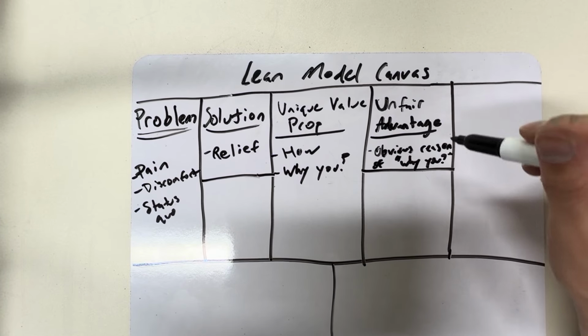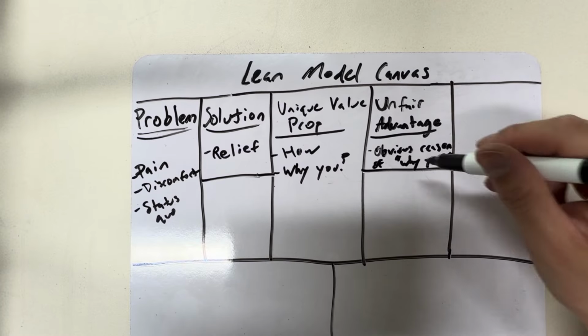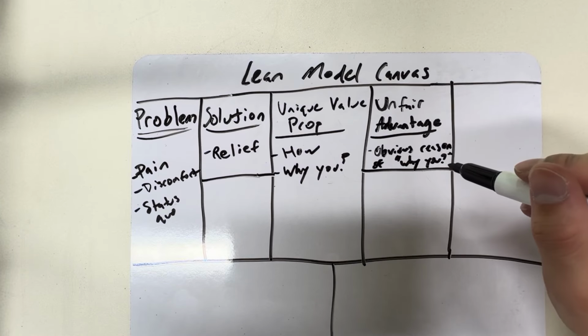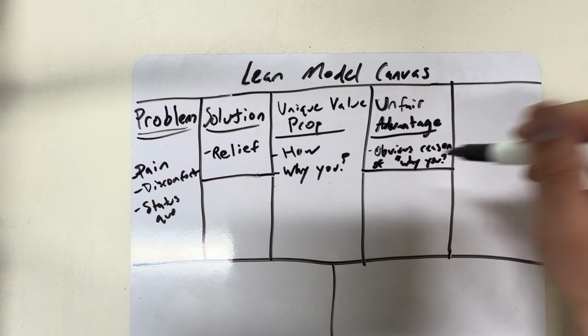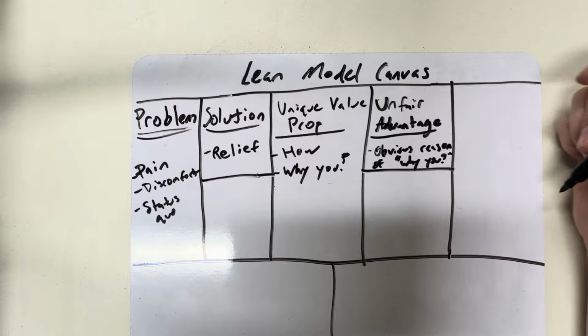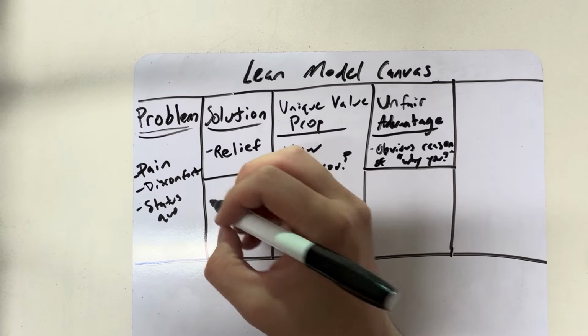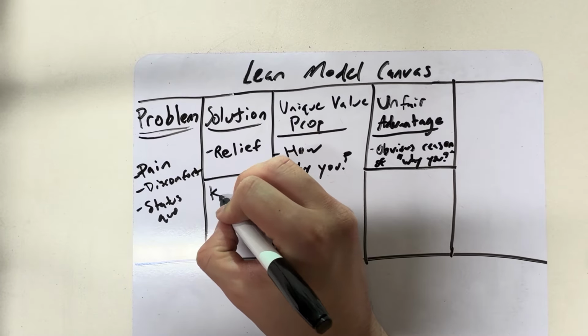My unfair advantage is I have done this for so long and so many times, and I've gotten better along the way that my unique value prop just makes sense, right? So the unfair advantage is the obvious reason of why you, okay? The next thing I wanted to go over is key metrics.